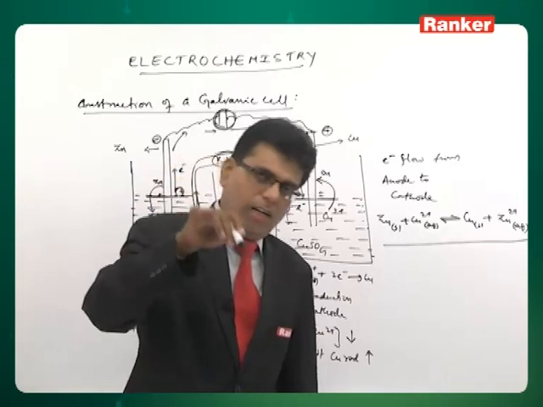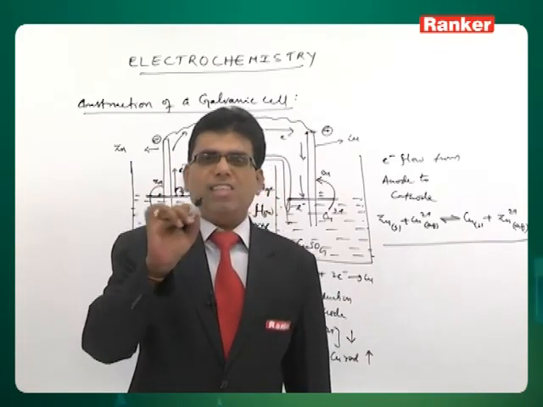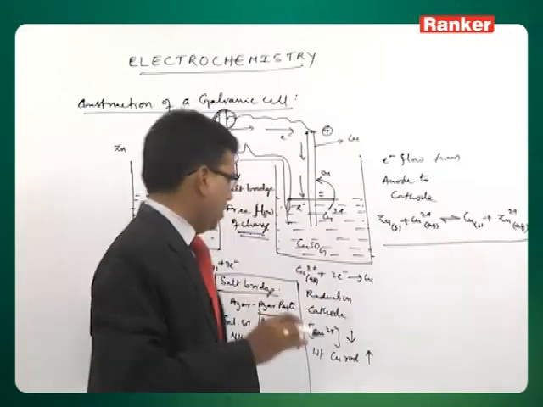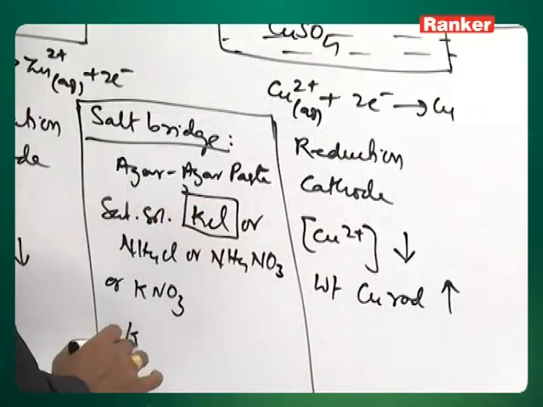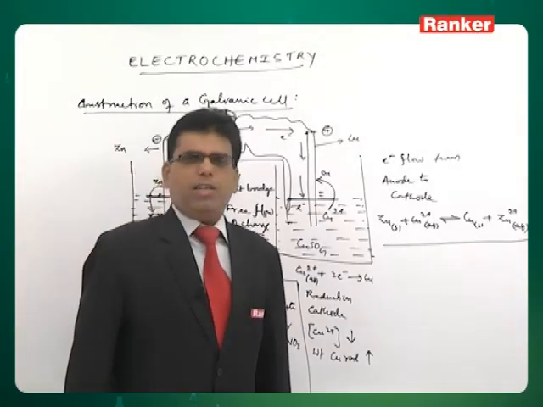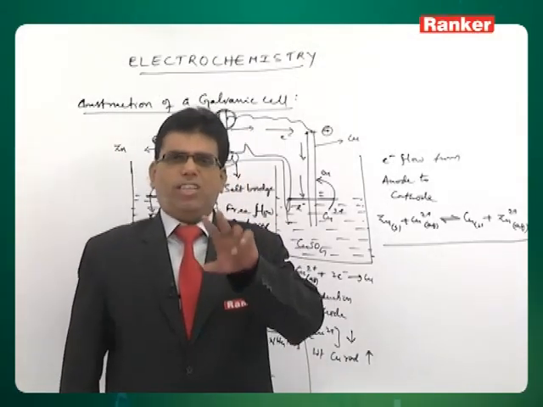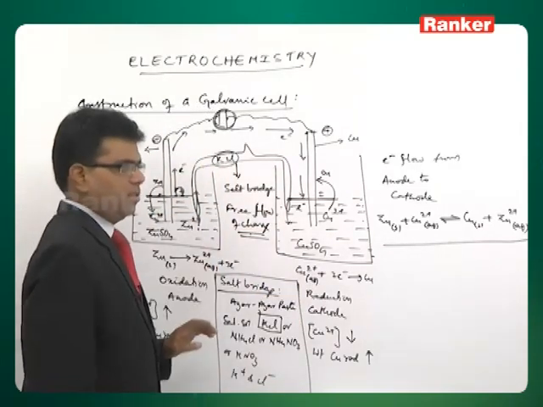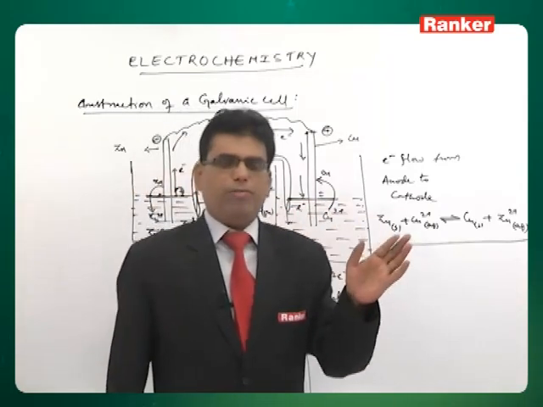Why do we take an electrolyte like KCl? KCl is a very strong electrolyte, point number 1. It will dissociate completely to K plus and Cl minus. So the potassium ions and chloride ions, two oppositely charged ions, will keep moving across the two half cells and will allow the charge to transfer from one half cell to the other.